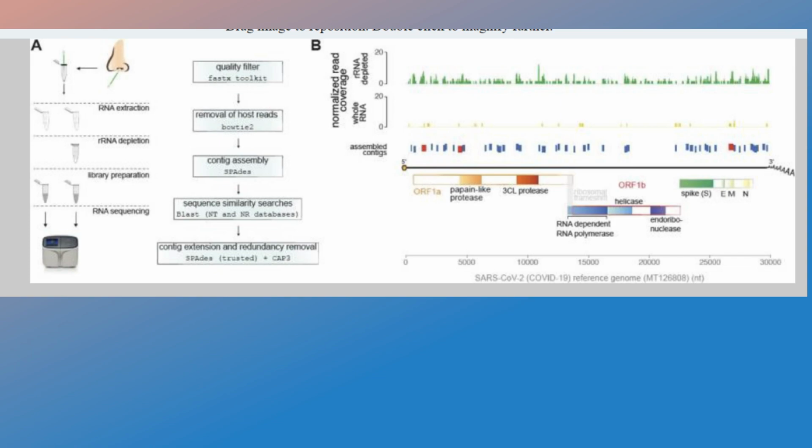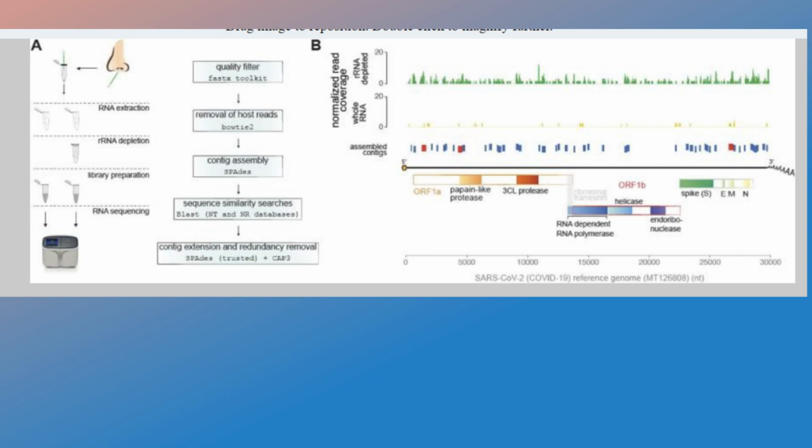What these doctors did is they did the routine coronavirus test where they did a nasopharyngeal swab, they did RNA extraction, they did rRNA depletion, and then they library prepped it and RNA sequenced it. They had suspected that it would be coronavirus, so they took these steps to next generation sequence it to make sure that that was what it was.